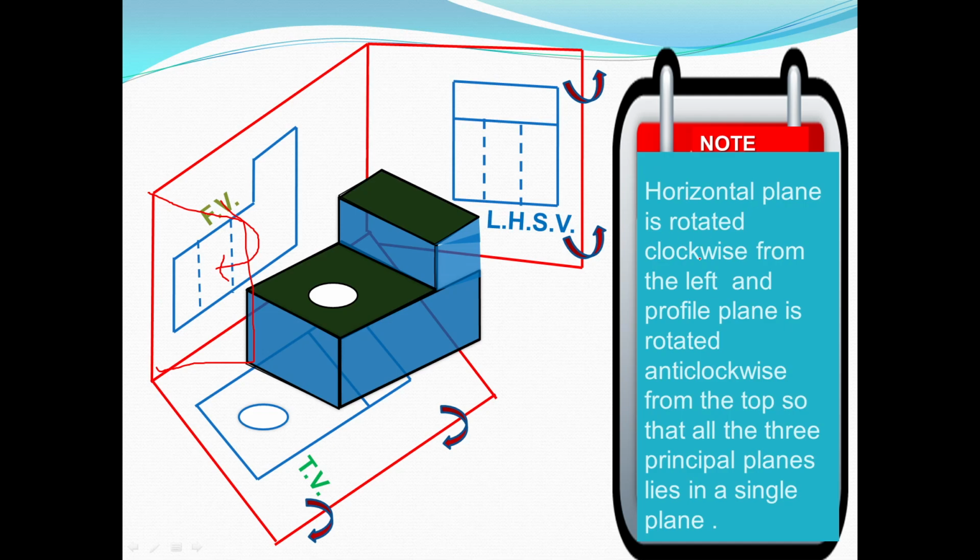The horizontal plane is rotated clockwise from the left and the profile plane is rotated anti-clockwise from the top, so that all these three principal planes lie in a single plane. This makes all the planes into a single plane. Single plane means this vertical plane. The horizontal plane is rotating in the clockwise direction, and the RPP is rotating in the anti-clockwise direction.